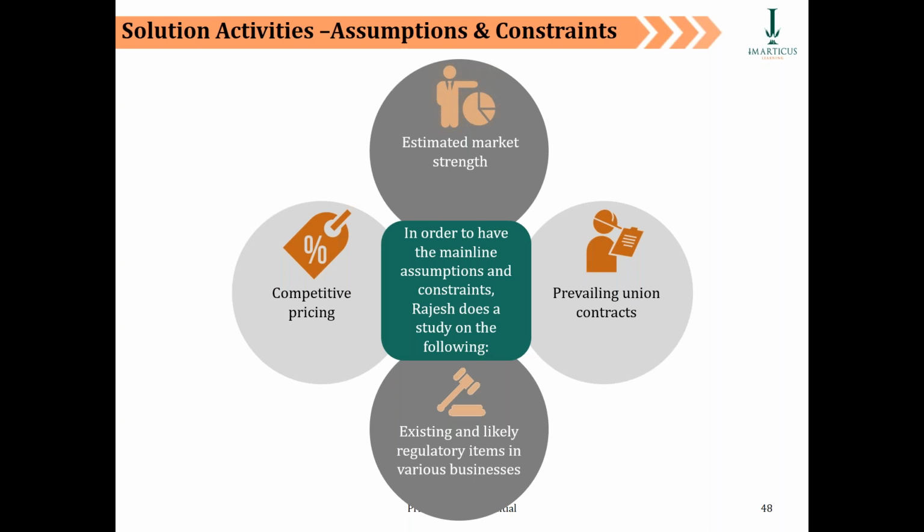So please do some research to put into the BRD what you think. I don't want the exact regulatory items, but at least put a few of them so that I know what your thought is and how you want to leverage that to build up your assumption and constraint matrix.